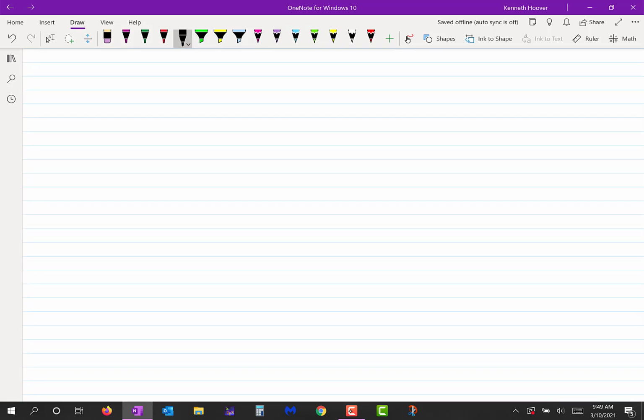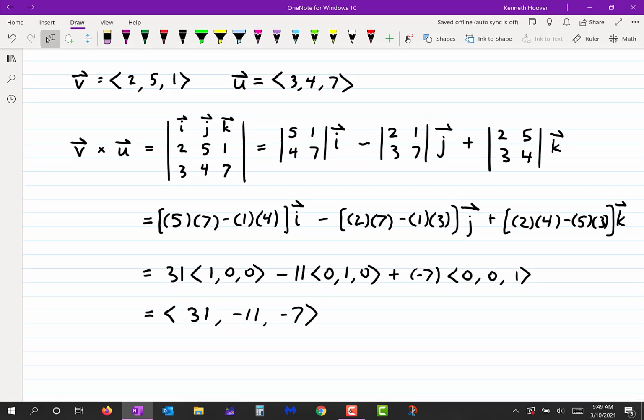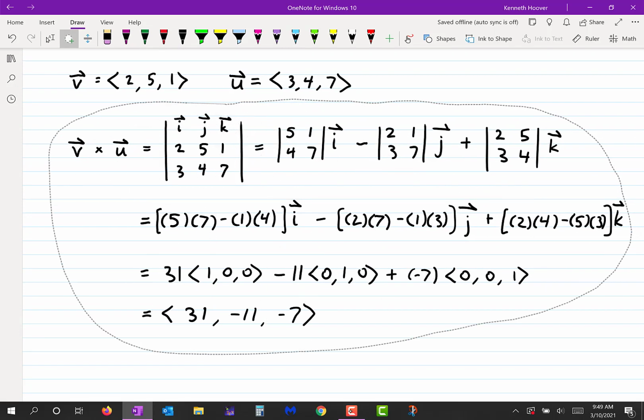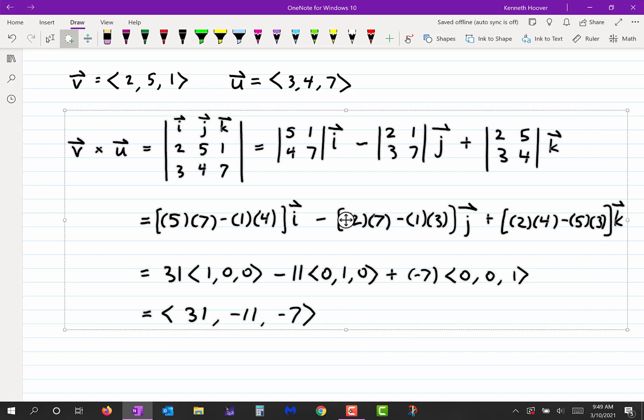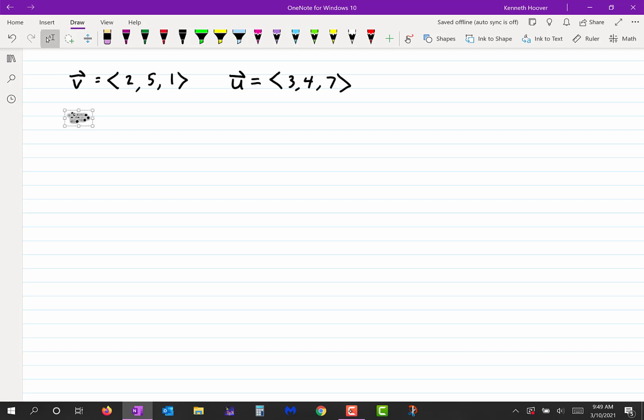Determinants make a scalar triple product really easy to calculate. Let's do this here. Let's use the same u and v, and add a third vector on there.